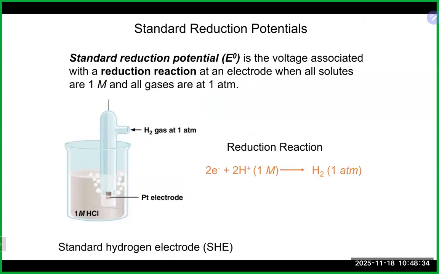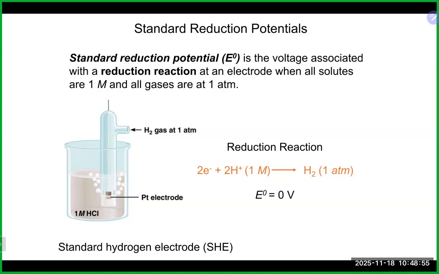Now, how do we calculate the standard reduction potential? There's a whole table of SRP values that you can look up, and it's the voltage associated with the reduction reaction when everybody's in standard conditions, 1 molar for concentrations and 1 atmosphere for pressures.